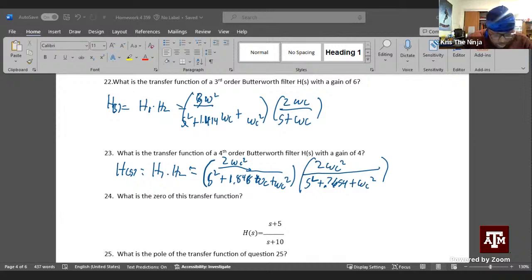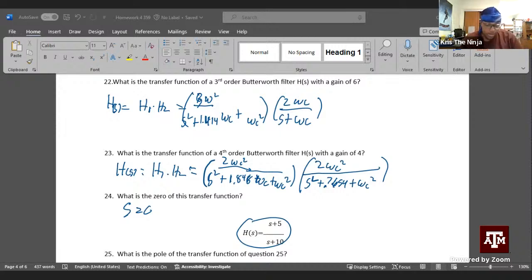The transfer function, let me refresh myself on what the zeros actually are. It's the value of s where the transfer function is 0. So for this one, s equals 0, or make H(s) equal 0 at what point?